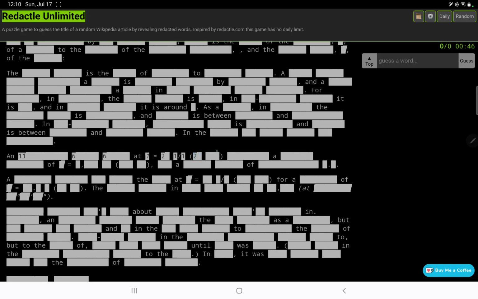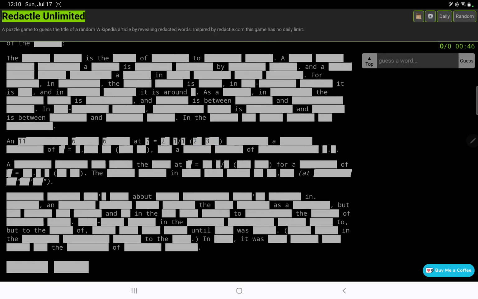Here we get something that looks more scientific. Oh, so here we go, this is interesting. We have an 8-letter word, and then the symbol for degrees, minutes, and seconds.